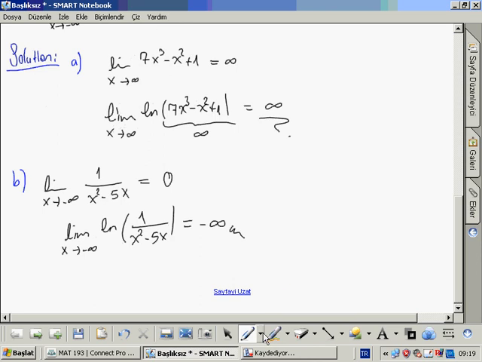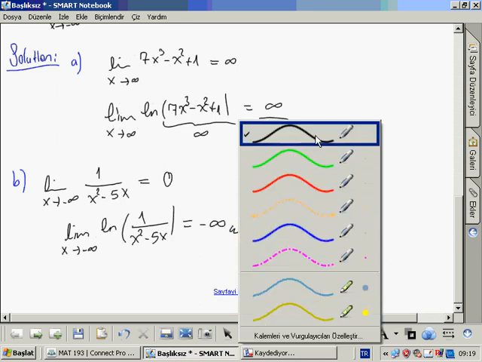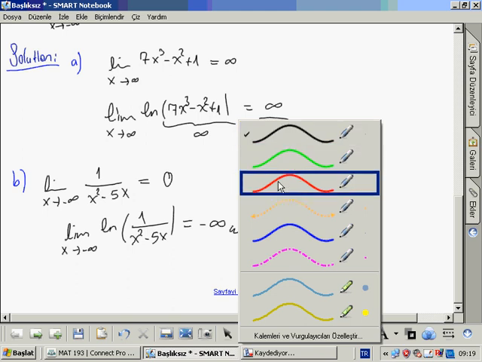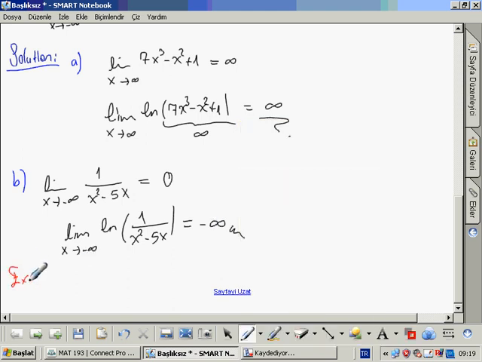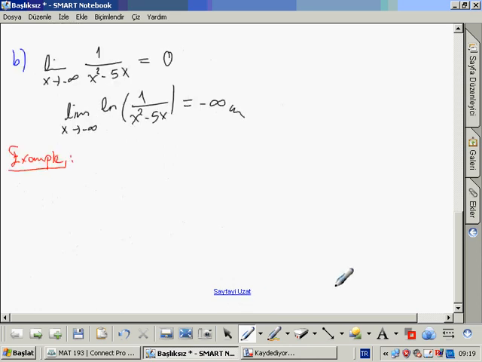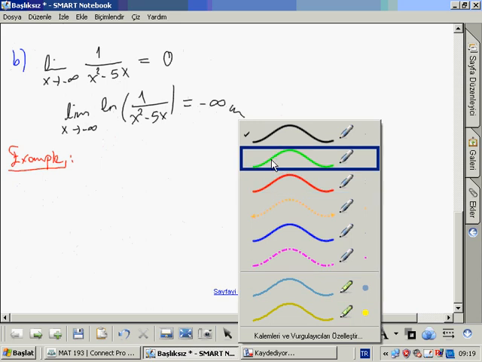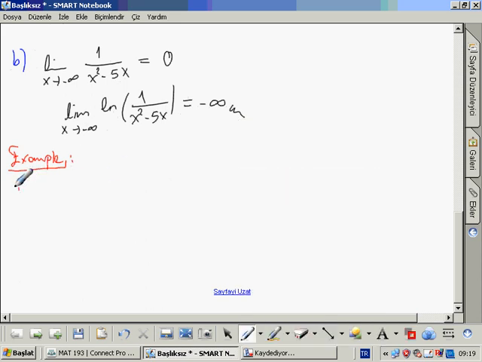Then let's continue with some trigonometric functions. Part E: evaluate each of the following limits.